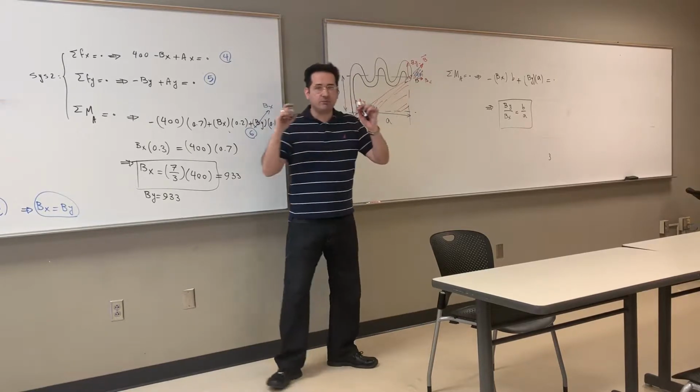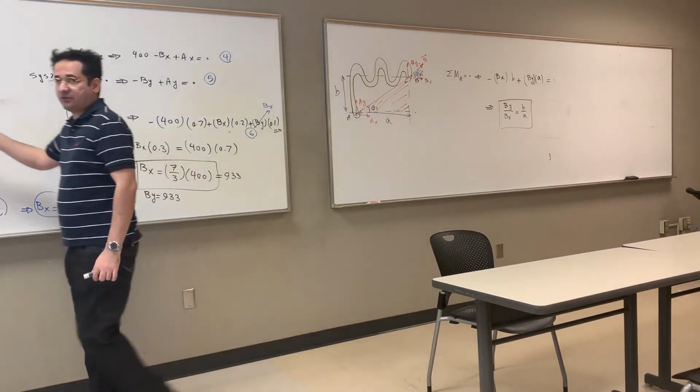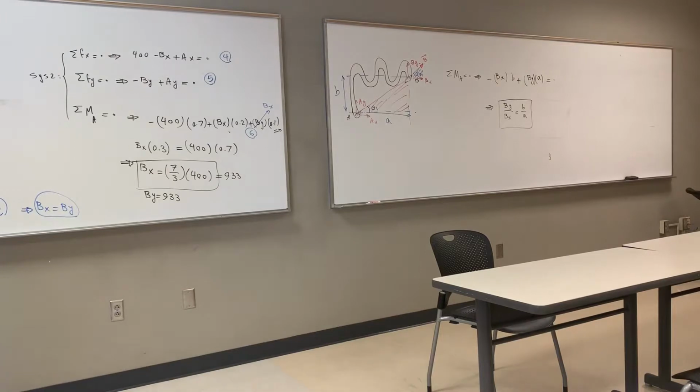So this particular member, if you see it in a structure, is called a two-force member, as long as it's massless and frictionless. All you do is connect a line from the beginning to the end, and in this member I only have two forces, and they're equal and opposite.